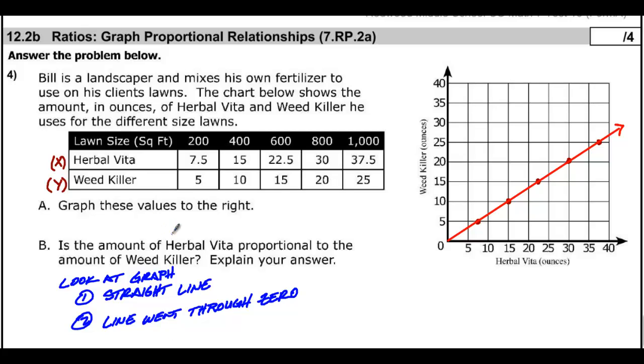So that tells us it's proportional. Another way we know it's proportional is if we look at the relationships of the numbers.